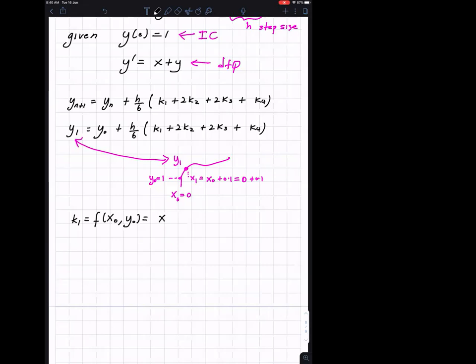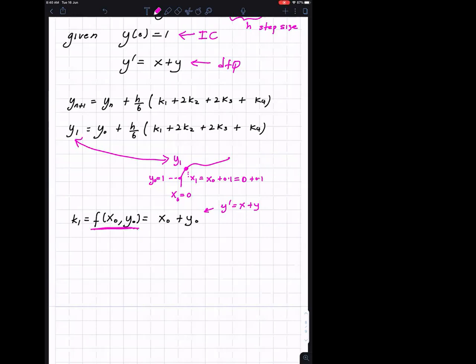So it's x0 plus y0. Now you define the differential equation as f of x0, y0.